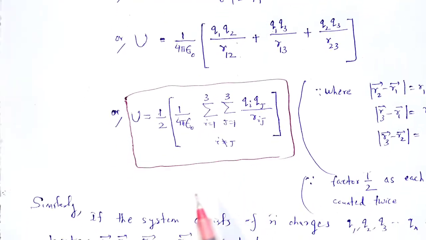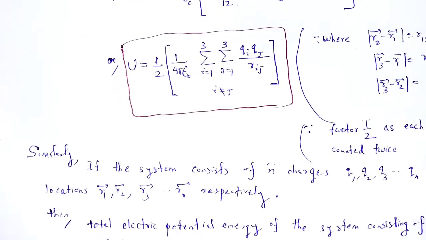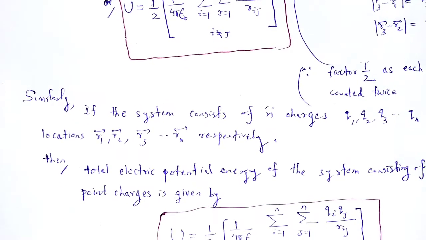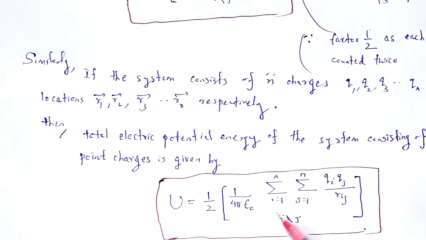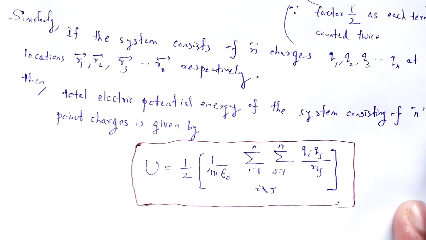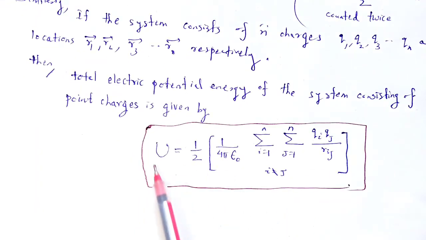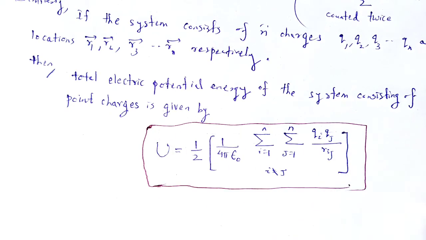Taking the similar pattern, finally we get the total electric potential energy of a system consisting of n point charges, and that expression is given in the bracket. So, with these useful and informative notes, let me wind up this session. Thank you.